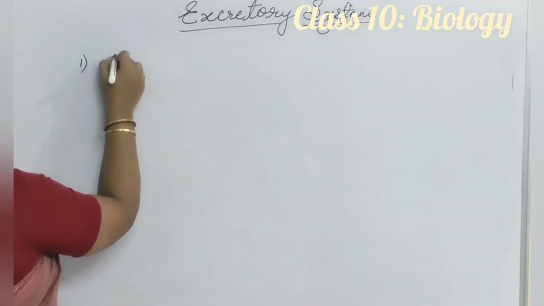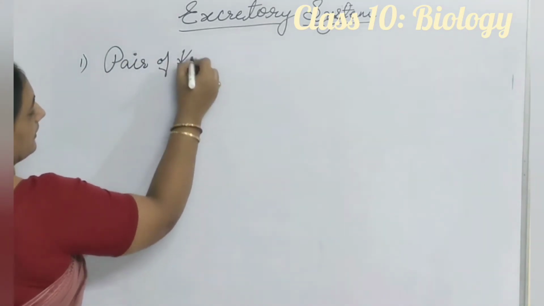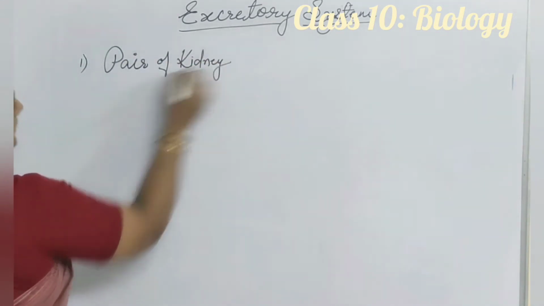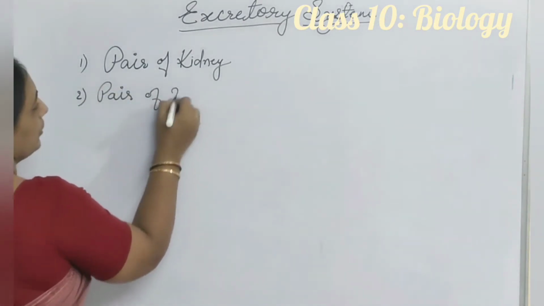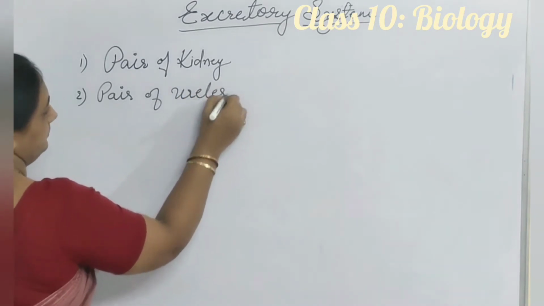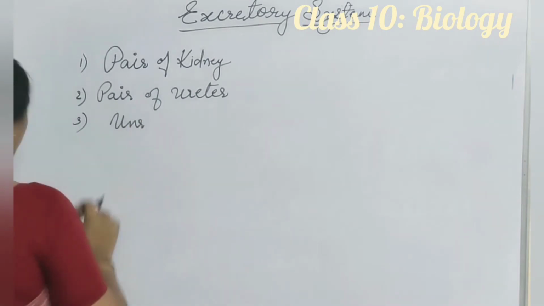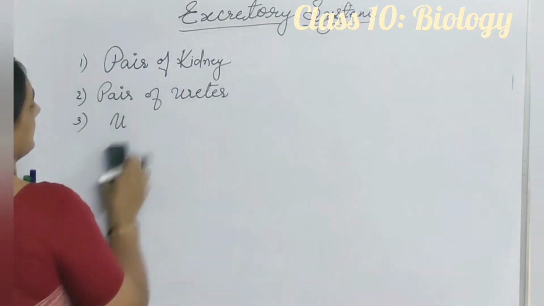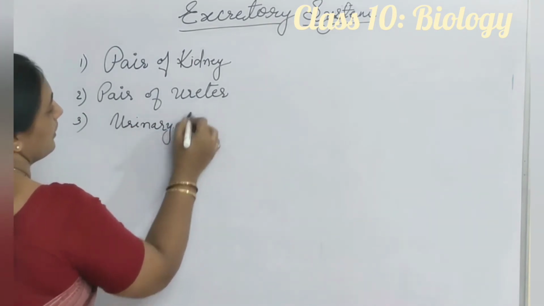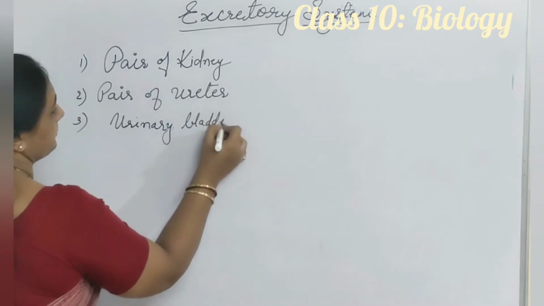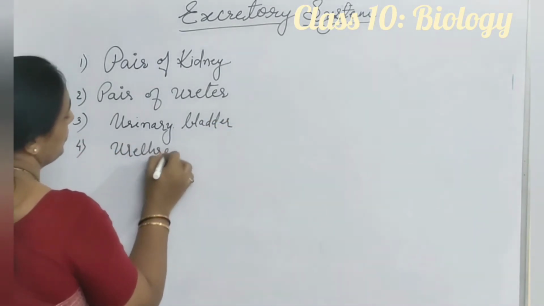The excretory system is composed of a pair of kidneys, then a pair of ureters, a urinary bladder, and the urethra.